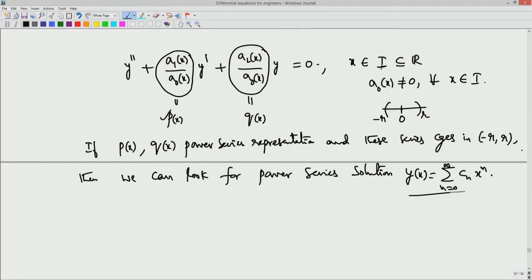So, you can look for a power series expansion in this interval.